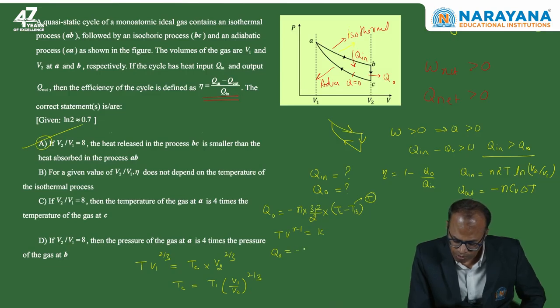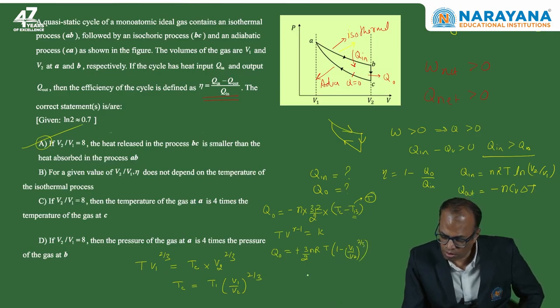This will be minus 3 by 2 nR into, I will put Tc in terms of T1, and Tb is also T. So this becomes T into 1 minus V1 by V2 power 2 by 3.